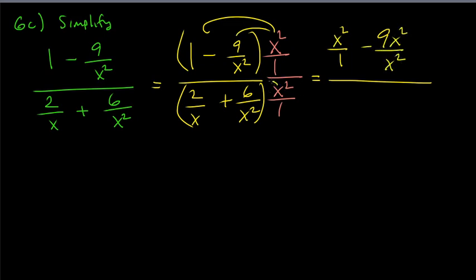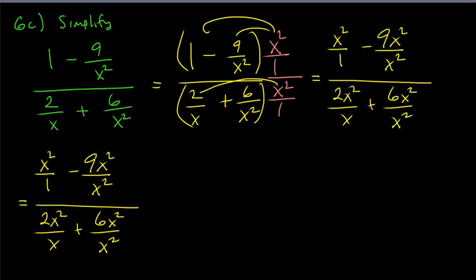And then in the denominator, we have 2x squared over x, x times 1 is x, plus 6x squared over x squared. Okay, so far? I feel like I should just copy this down.